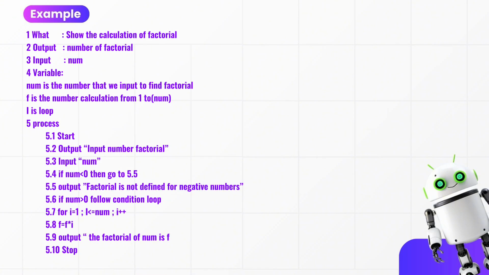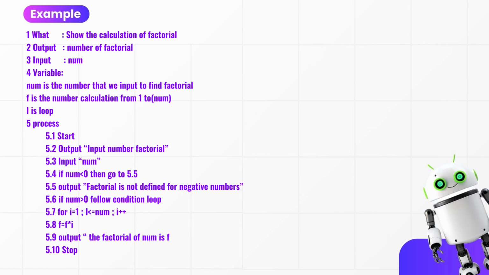Output is the factorial or the result. Number 3, input. We use num for input. Number 4 is variable. For variables, we use num, the number that we input to find the factorial.